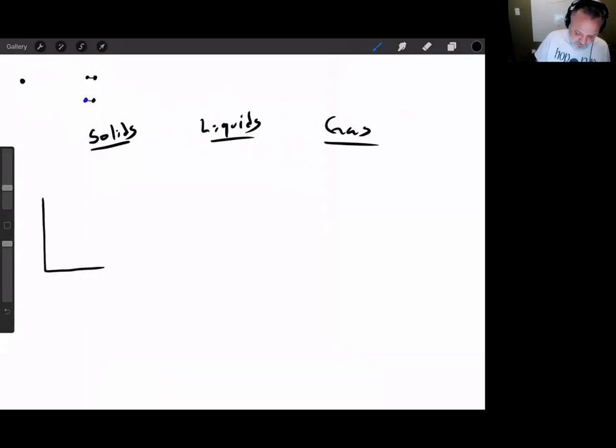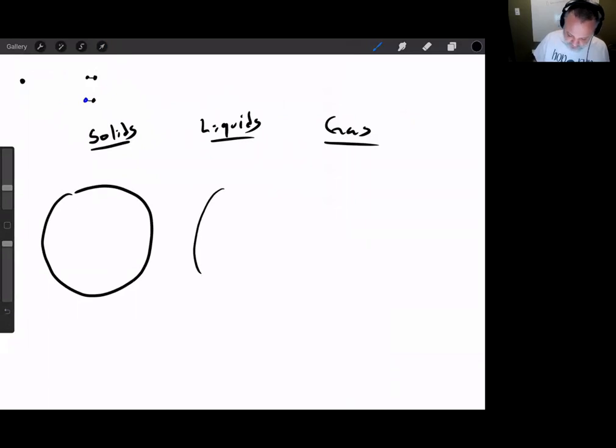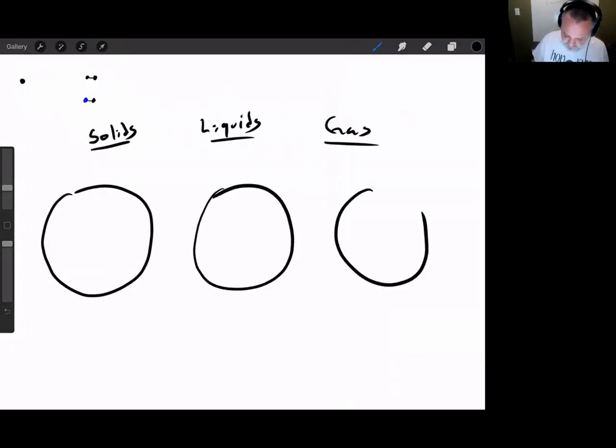So I want to draw little pictures of solids, liquids, and gases using the model that we developed with the little dots. When I draw these pictures, they should have essentially all the information that you need to understand the definitions of a solid, liquid, and gas from the particulate level. And what I mean by particulate level is the level of these dots, understanding things from that atomic picture.